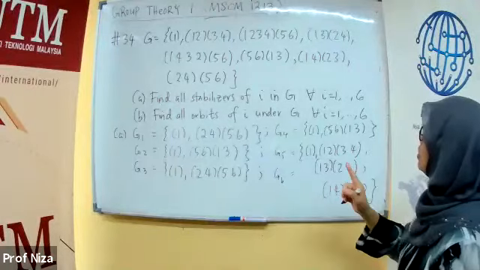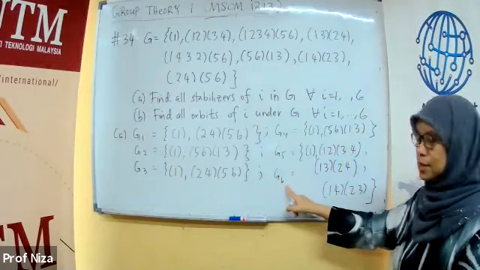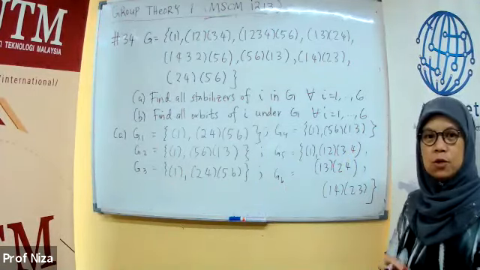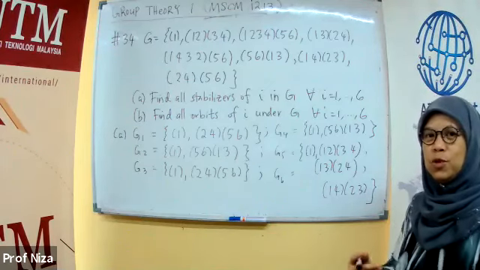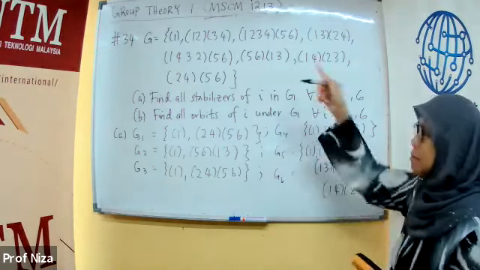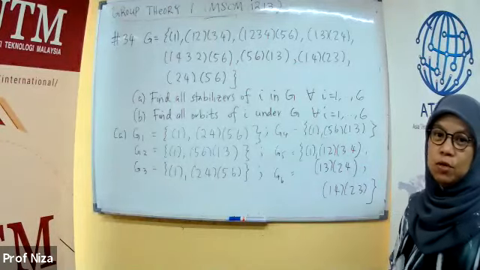Okay. And I think 6 is the same thing, right? With the 5. So these are equal. The point is to choose the permutations where the number does not move. Because if there is a number in there, meaning it will move, it does not fix.